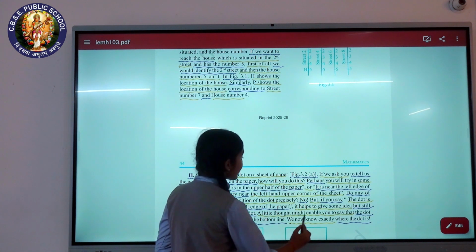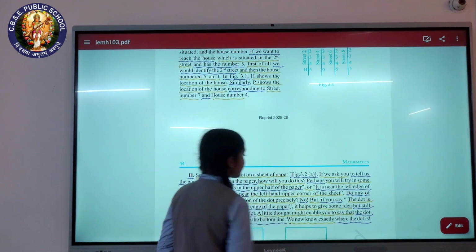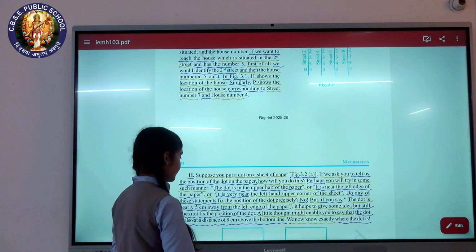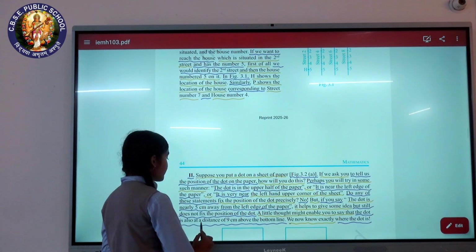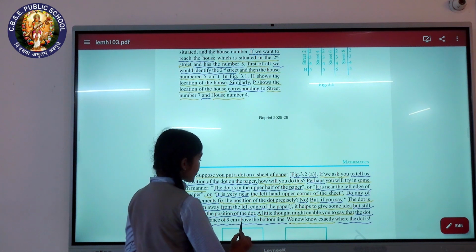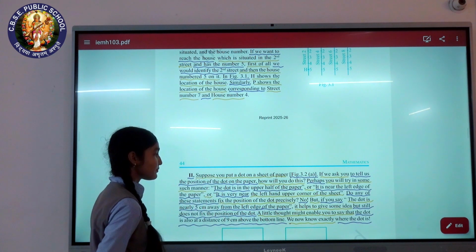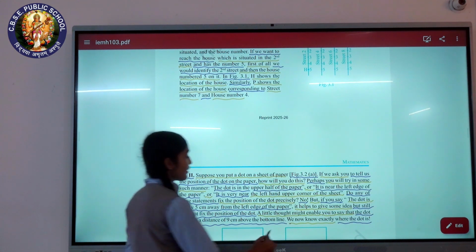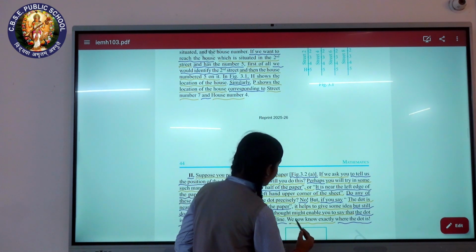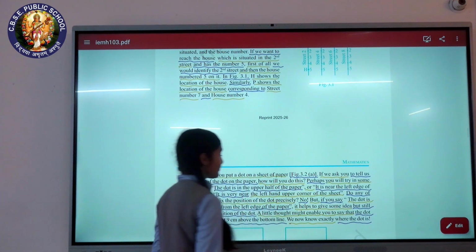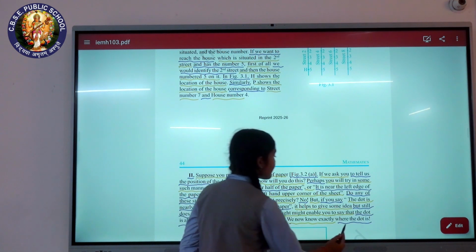A little thought might enable you to say that the dot is also at a distance of 9 centimeters above the bottom line. We now know exactly where the dot is.